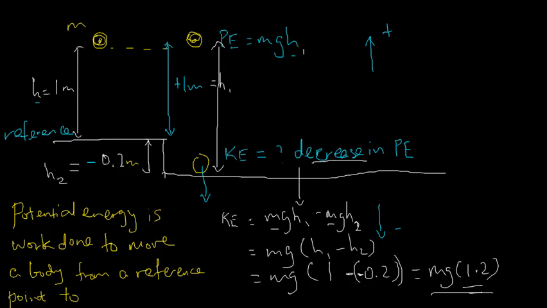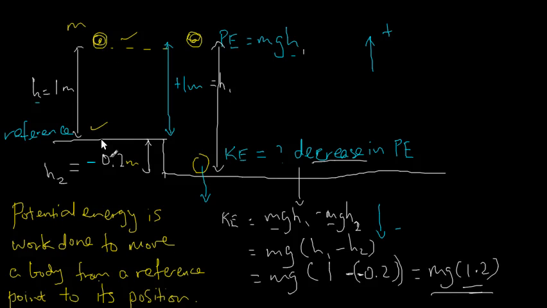We have 2 points to talk about: this position and this reference point. Potential energy is work done to move a body from a reference point to its position. Right, and that's one way to describe it.